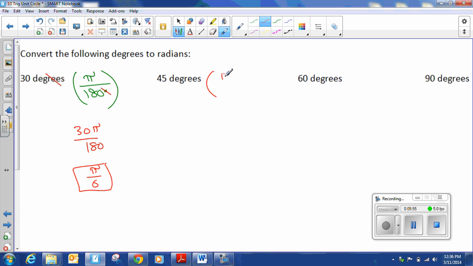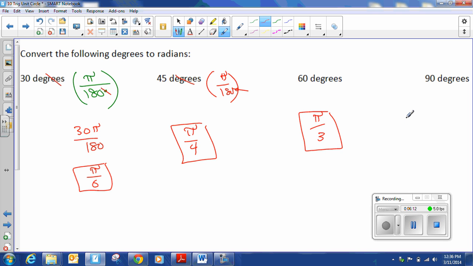Over here, degrees cancel the degrees. We end up with pi over 4. And 60 degrees is pi over 3. And 90 degrees is pi over 2. Radians. These are all radians.